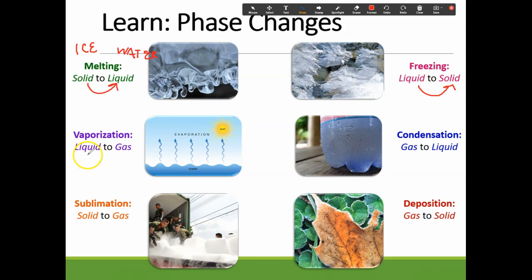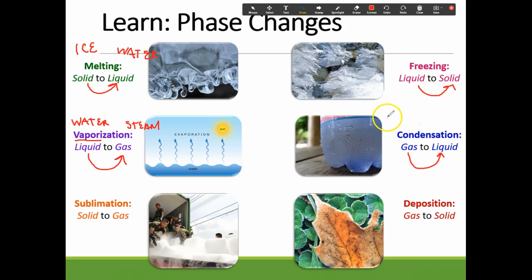Vaporization is where I go from a liquid to a gas. Liquids, like liquid water, when it is boiled or when it's evaporated, will turn into steam or gas, gaseous water. So that's vaporization. You can see the word vapor in it. Condensation is the reverse, where you go from a gas to a liquid. This usually happens when the gas gets really cold.